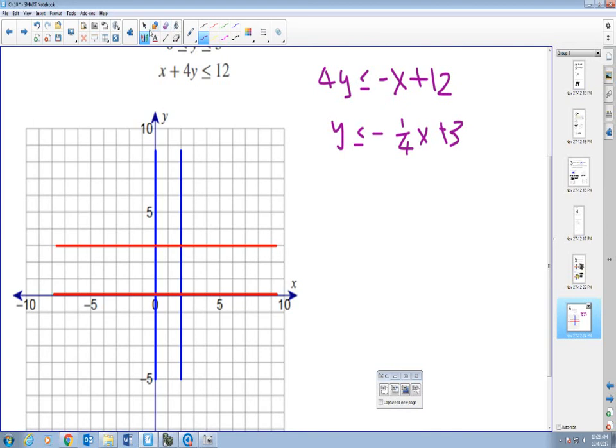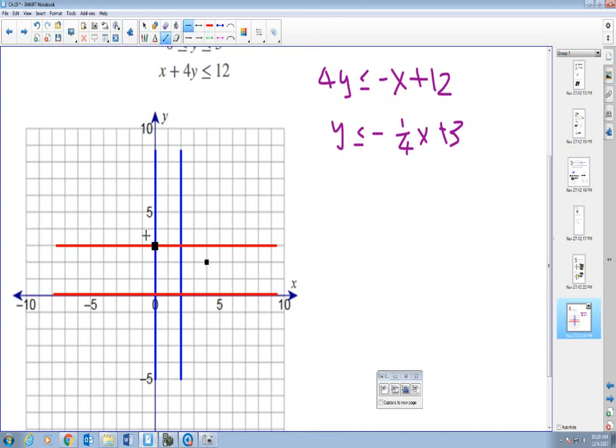So the y-intercept is at 0, 3. That will be the same point of intersection, so this one point is intersected by 3 different lines. Down 1, to the right 4. Down 1, to the right 4. That will be right there.